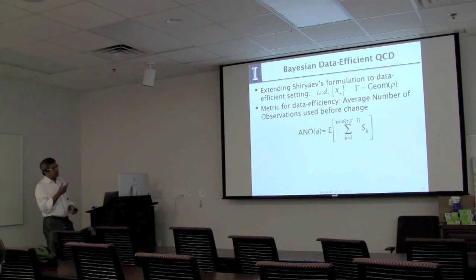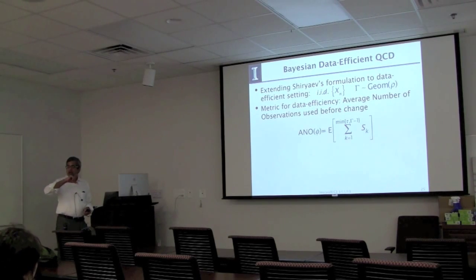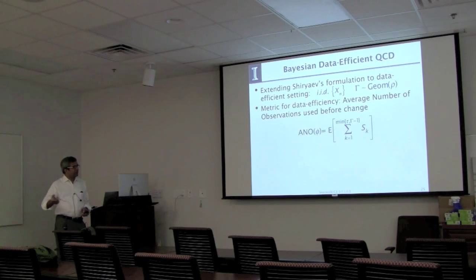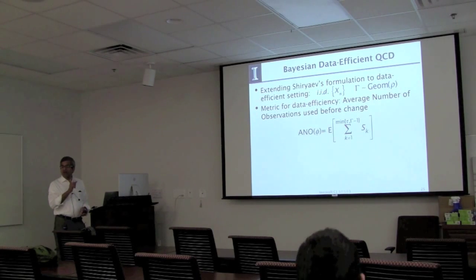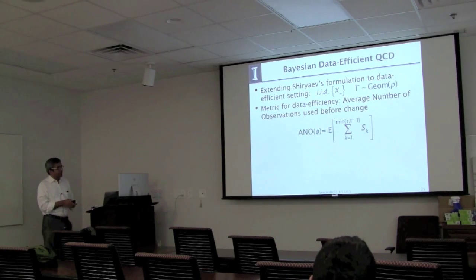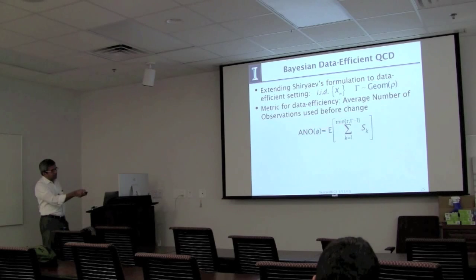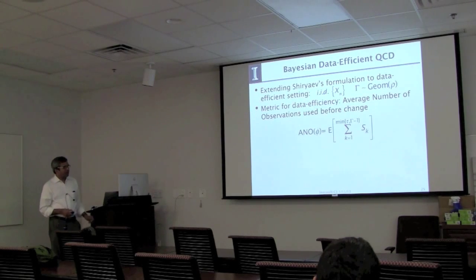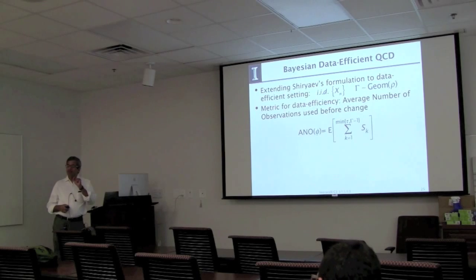Now, in addition to the delay and false alarm probability, we have another metric that measures how efficient we are in using our data. We're going to count the expected number of observations that we take before the change point. Why are we only penalizing observations before the change point?